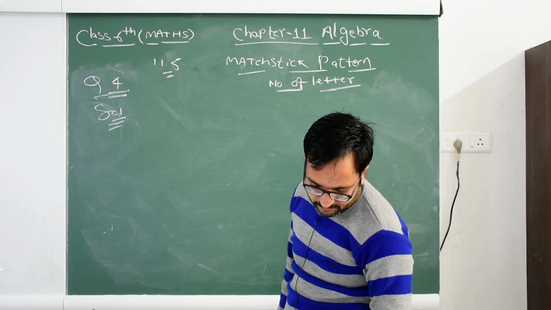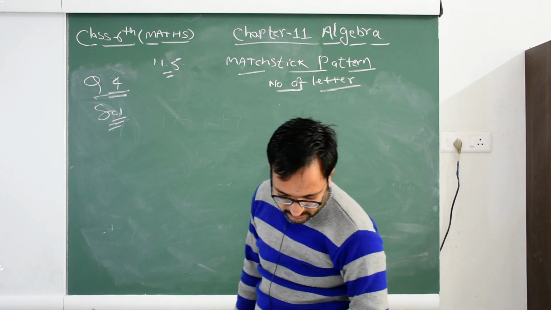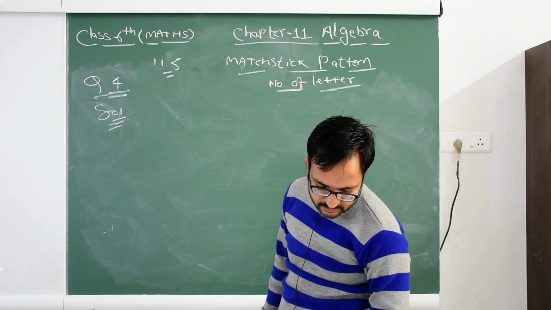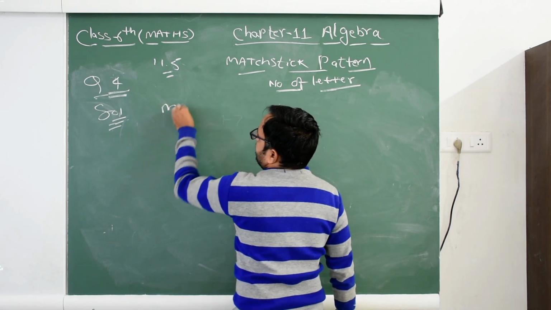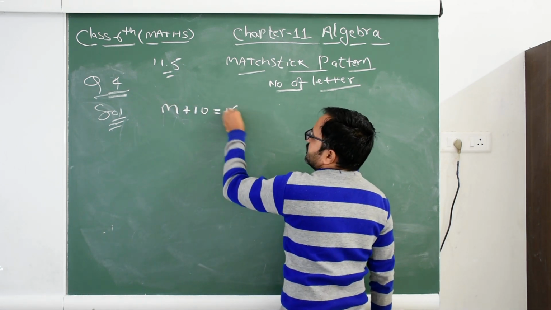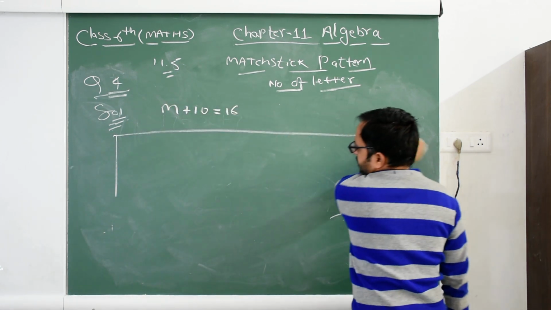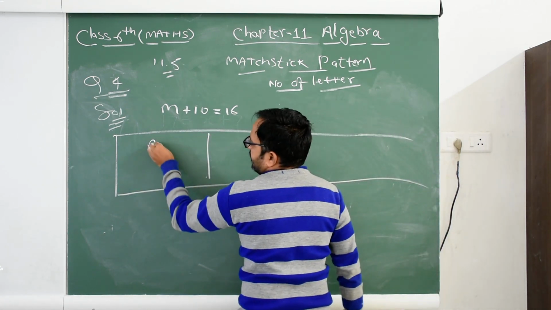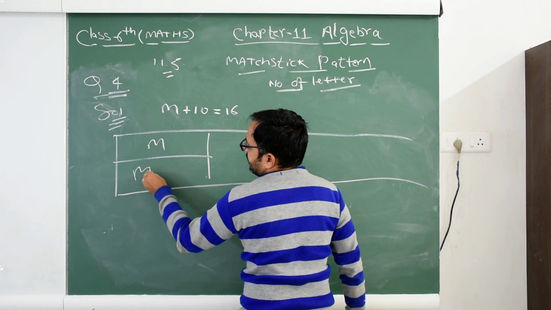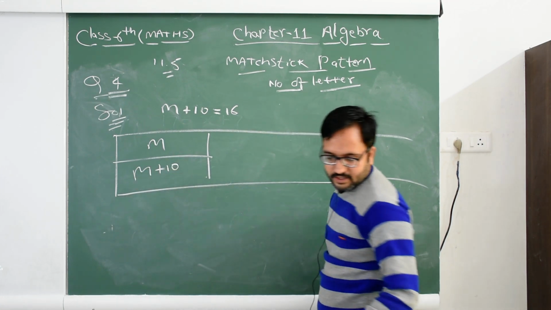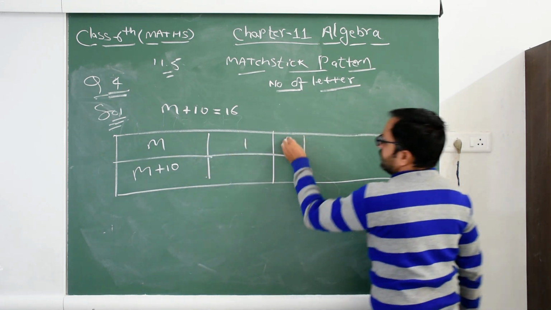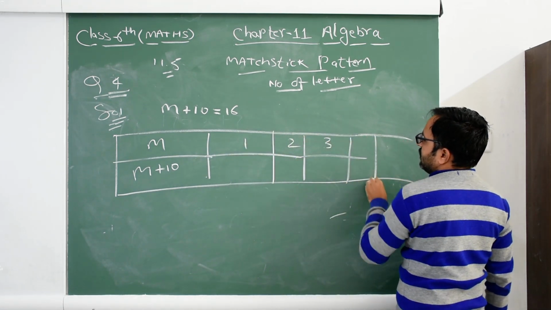Complete the table and, by inspection of the table, find the solution of the equation m plus 10 equal to 16. Your equation is m plus 10 equal to 16 and your table is like this, m plus 10, and the values are 1, 2, 3 and 4.